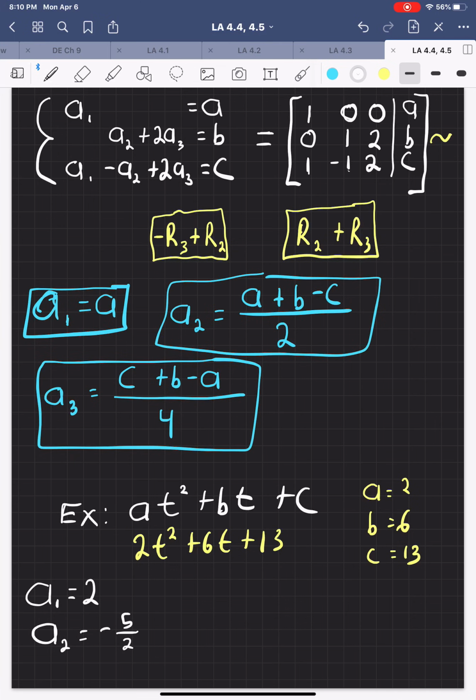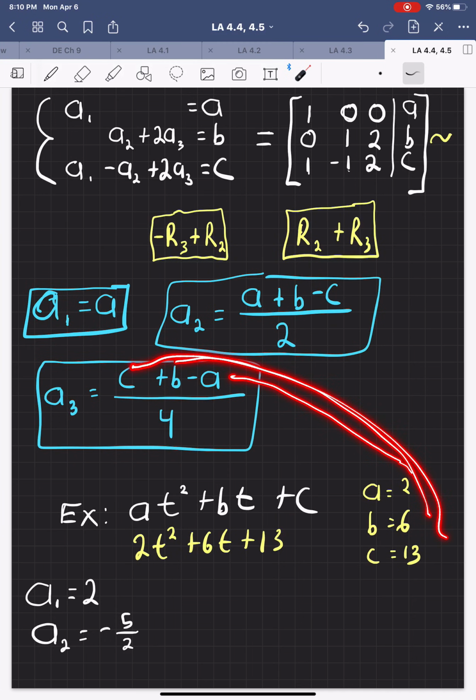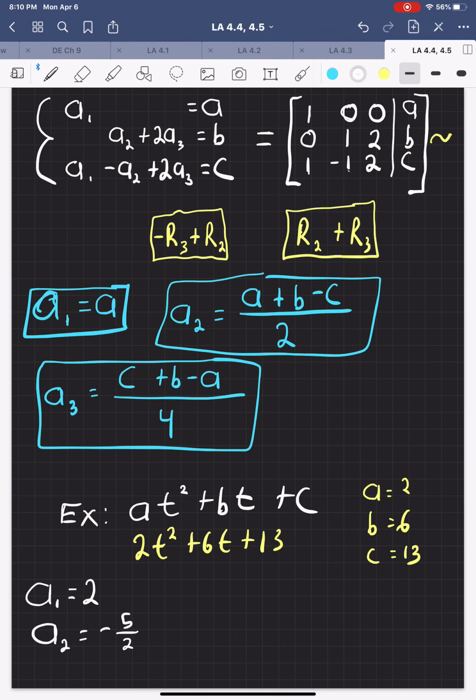Now, same thing for A sub 3. We would take the A, plug it in, the B, the C, plug it in, and we would figure out what A sub 3 is. We can do a little bit of arithmetic and figure out that A sub 3 is equal to 17/4.